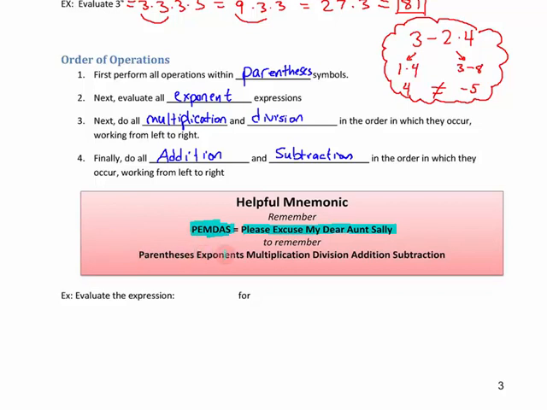The E stands for exponents. What you got to remember here is you do the next two together. Multiplication and division is the MD, and addition and subtraction is the AS. So first we do parentheses, then we do exponents, then we do multiplication and division, then we do addition and subtraction.